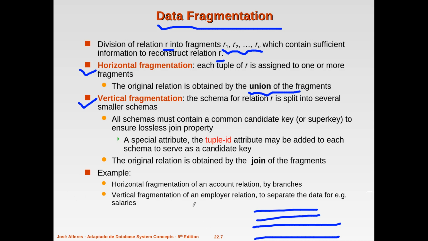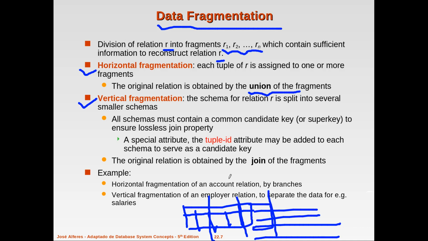Now vertical fragmentation means the relation is vertically fragmented, column-wise or schema based. The schema for relation R is split into several smaller schemas. Some columns are selected as one fragment, some other columns as another fragment, and some others as another fragment.